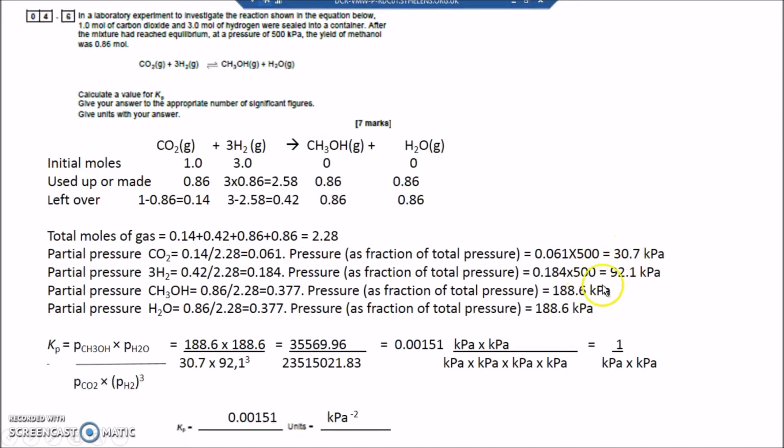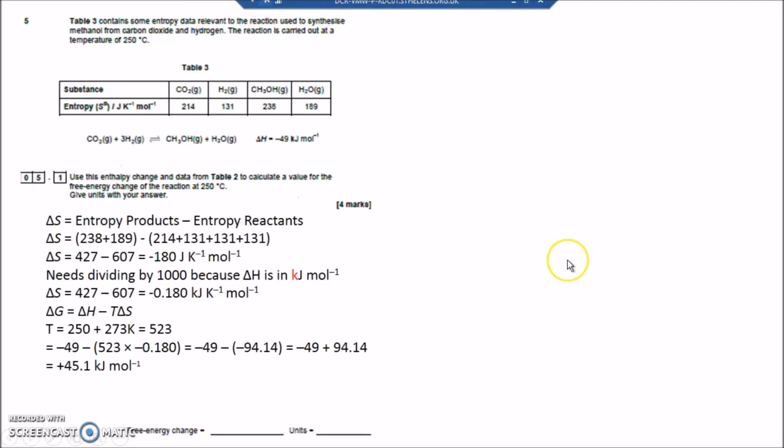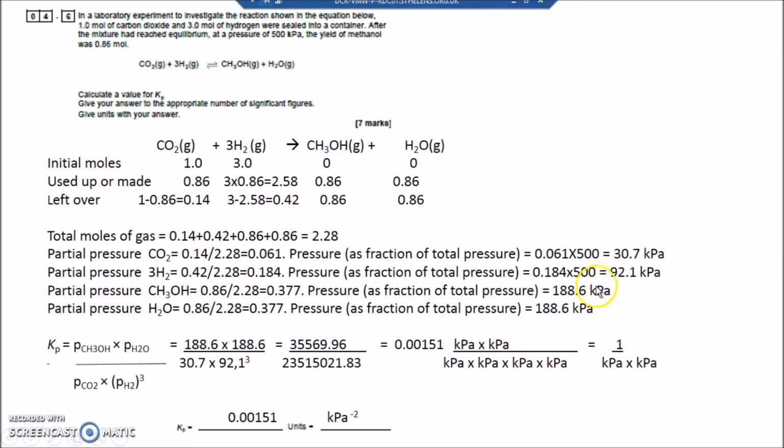So these are the pressures that I've now got. So I multiply the fraction of number of moles by the total pressure, and I work out the fraction of the pressure that's been provided by each of these. These last two are calculated by multiplying 0.377 by 500 to give 188.6, and if you add up all of those it should equal 500.